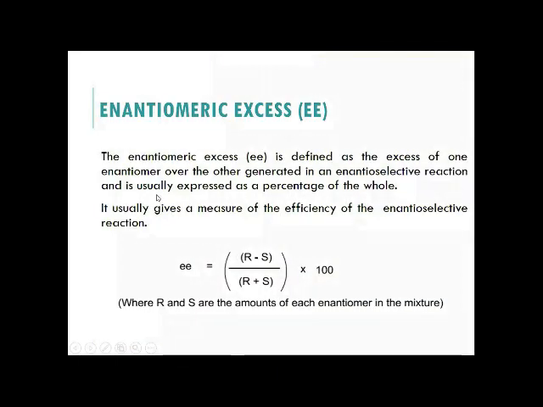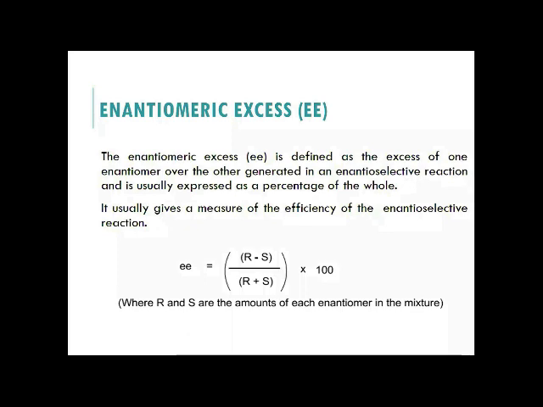Now what is enantiomeric excess? It is defined as the excess of one enantiomer over the other generated in an enantioselective reaction, and is usually expressed as a percentage. That means if we are performing any enantioselective reaction, as the output of the reaction one isomer is in higher amount compared to the other isomer, instead of producing a racemic mixture or equal amounts of isomers.